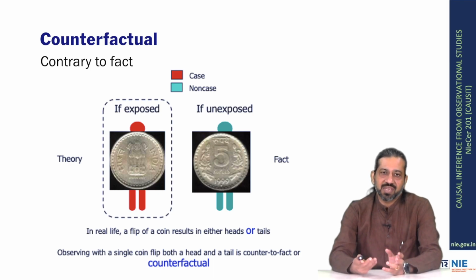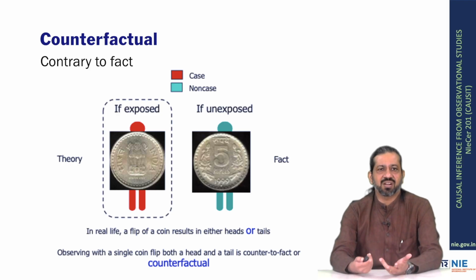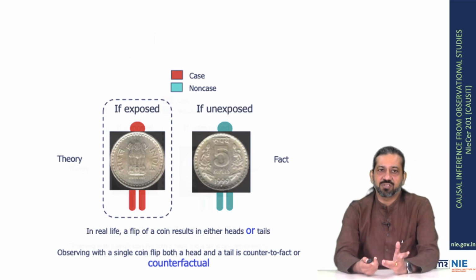And the only way we could fix these other conditions, which means nothing else changes except for the exposure, is through the understanding of what is known as the counterfactual. This is contrary or counter to fact, that we cannot see both states of exposed and unexposed and the difference in the outcomes at the same time. So it's counter to fact.